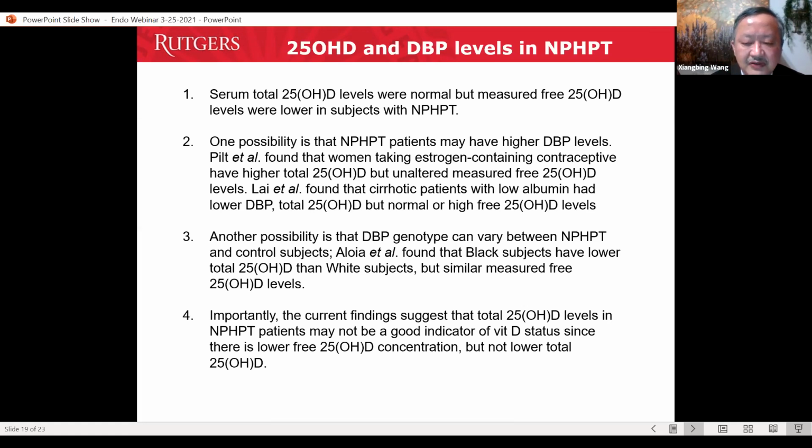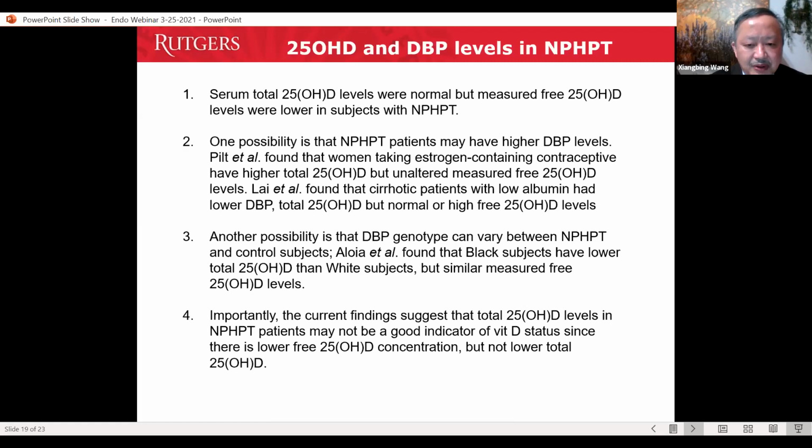So all of us know that African Americans have a lower total vitamin D level than Caucasian subjects. But the free vitamin D is the same, and even the D binding protein measured by a polyclonal antibody is normal.